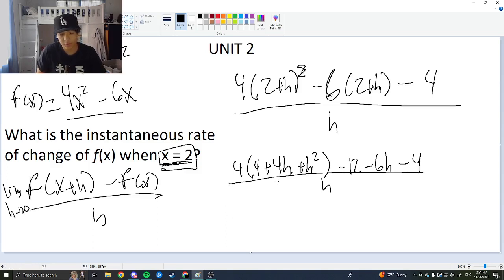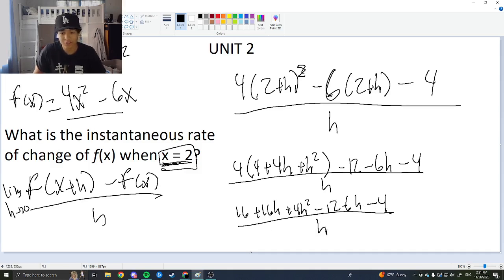And now at the top we can multiply this out. We have 16 plus 16h plus 4h squared minus 12 minus 6h minus 4, all over h.